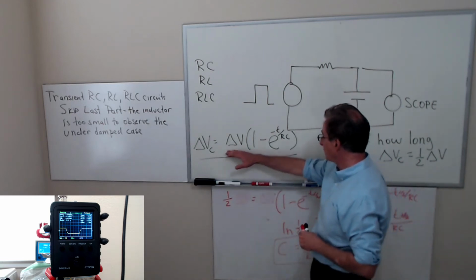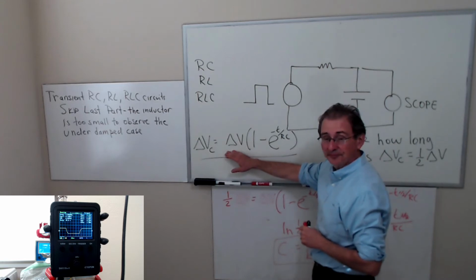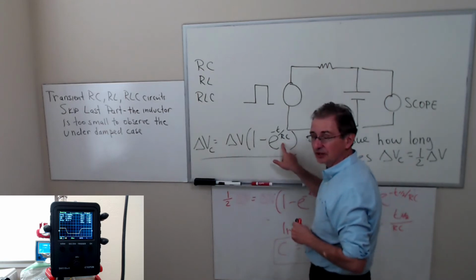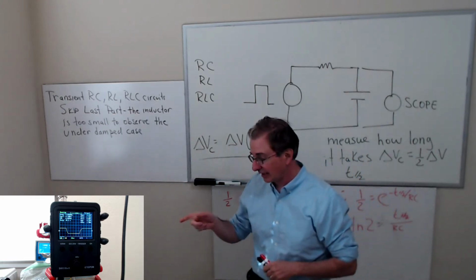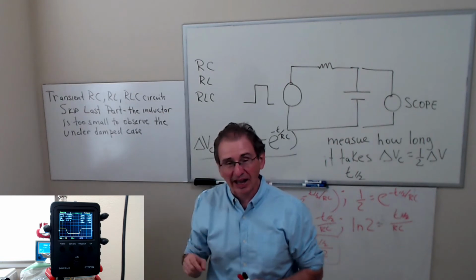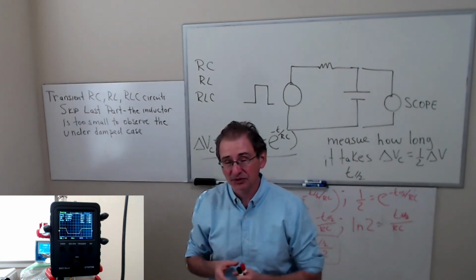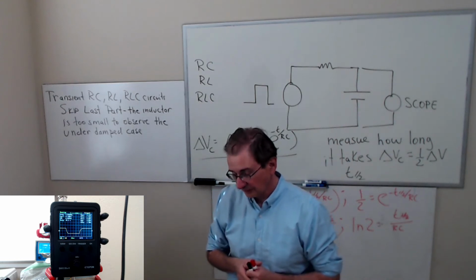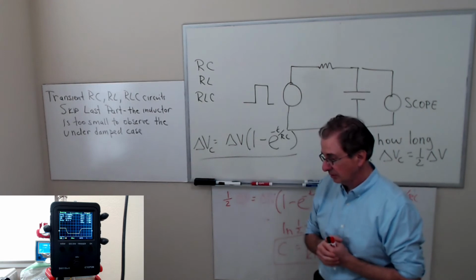You can actually calculate dV/dt and then plug in t equals 0. Not this particular scope, but the ones we do in class, we can do that. And from there, we can also determine C. Okay. Questions?